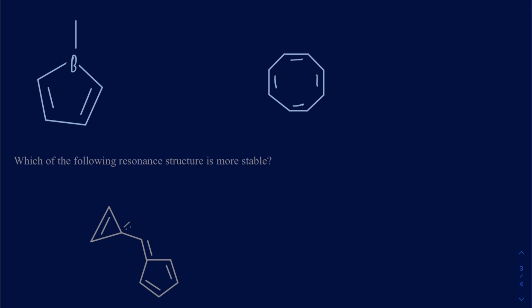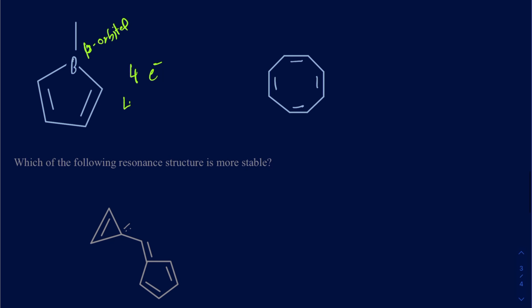So as a result, I'm only using 4 electrons in the ring that are going to be creating the conjugated system here. So this follows the 4n rule, where n is going to be 1, and that makes it anti-aromatic.